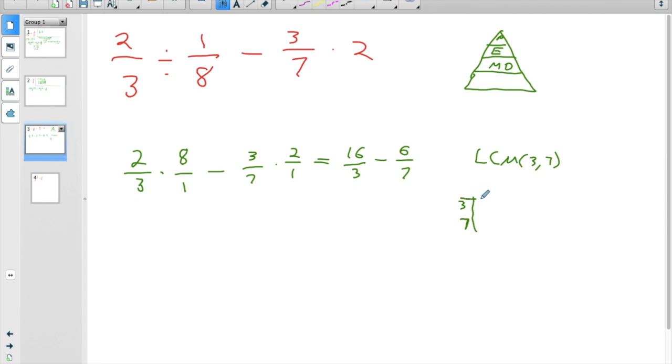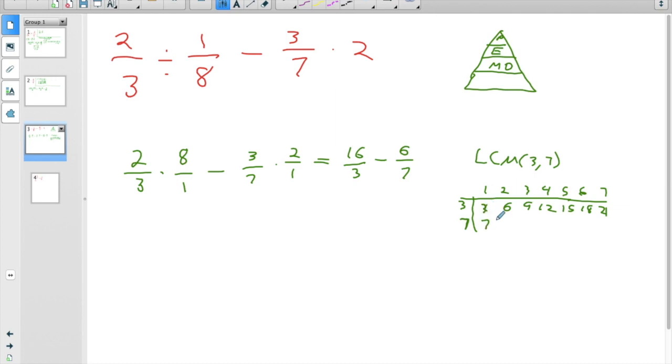But in case we don't, we'll just do it via the table. 1, 2, 3, 4, 5, 6, and 7. Going out this far because I think we see what's going to happen. 3, 6, 9, 12, 15, 18, 21. And for the 7, we have 7.